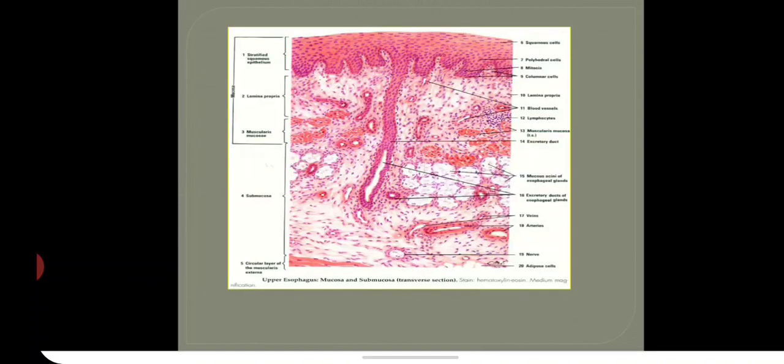So you can appreciate the stratified squamous epithelium, non-keratinized, then lamina propria, then submucosal glands in the submucosa, and skeletal muscle fibers in the slide if it is taken from the upper part of the esophagus.